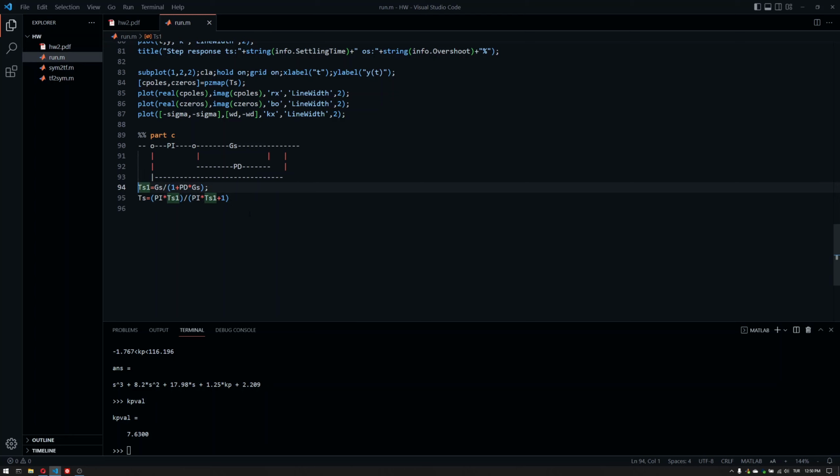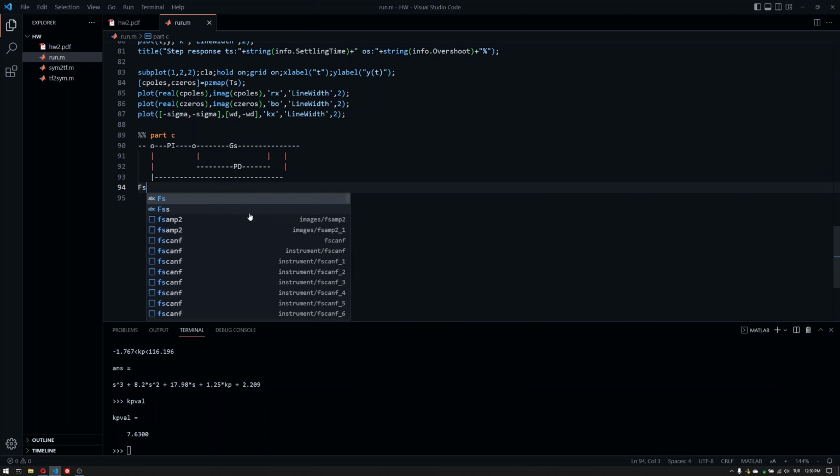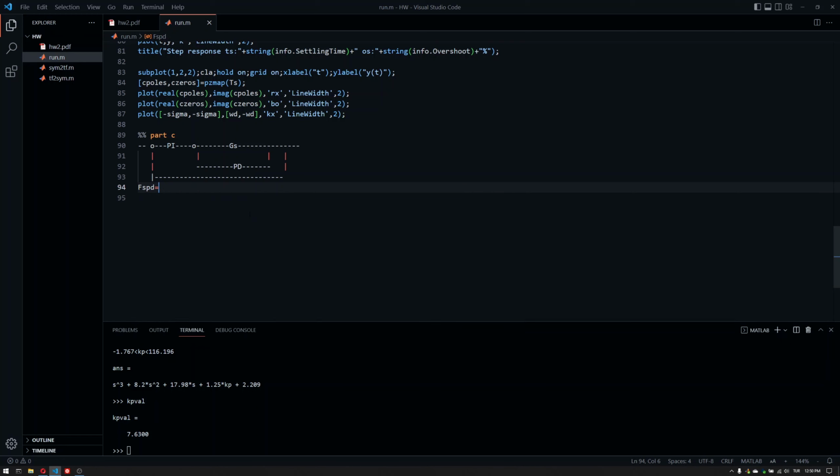So, as I talked about earlier, you can just define your controllers, define F_PD like KD times s plus KP1.